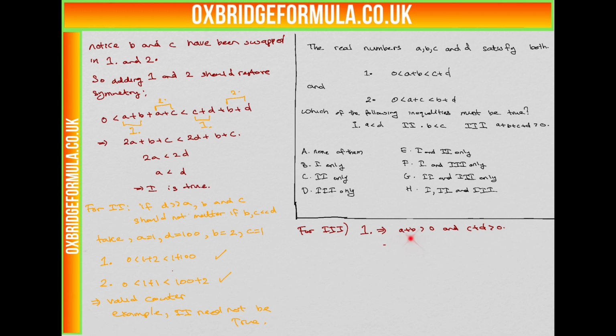So a plus b is positive and c plus d is positive. That means a plus b plus c plus d must also be positive, because it's the sum of two positive numbers. So that means 3 is true. That means our answer must be F.